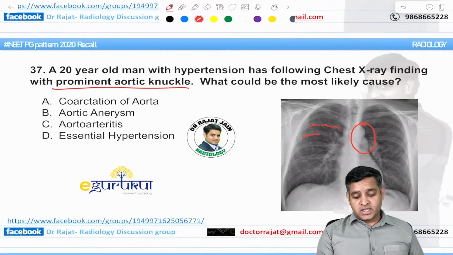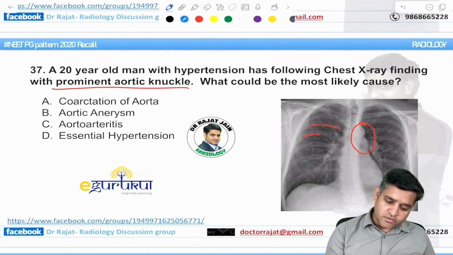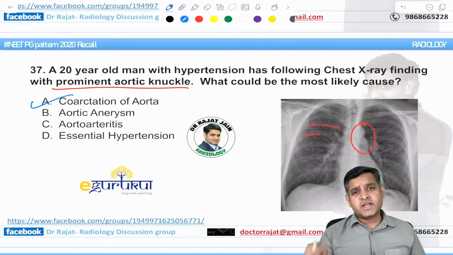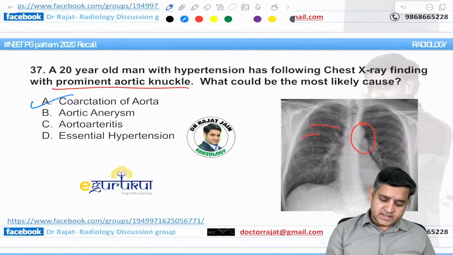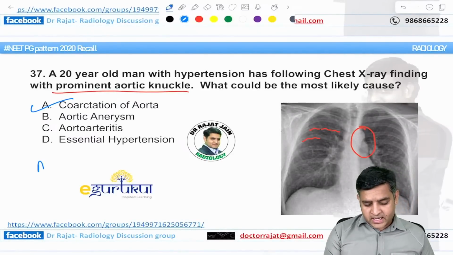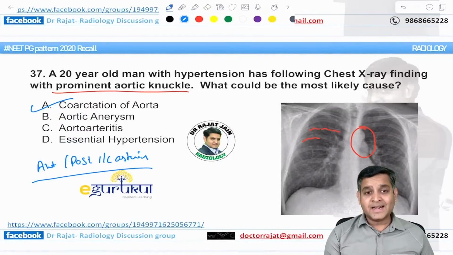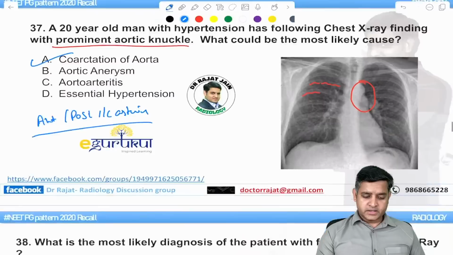Along with the hypertension in a young patient, always think of coarctation of aorta. Coarctation of aorta is a very standard question that the examiner asks, and usually there is a collateral between the anterior and the posterior intercostal arteries that are being formed, and that leads to the rib notching, right?